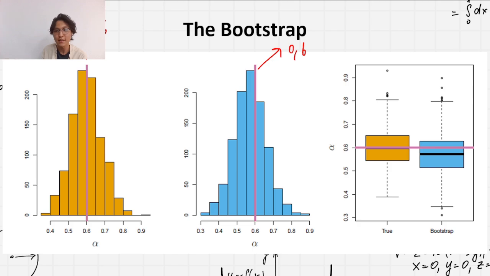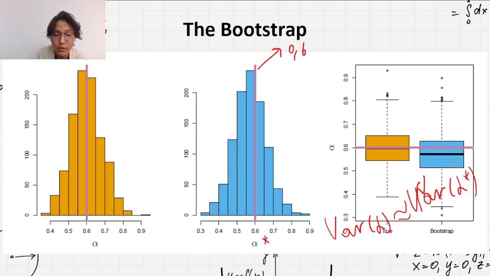And we mathematically see, when we run these 2 simulations, that the variance of alpha, let's say this alpha star, is almost the same. And we see here the performance is almost the same as when we have new data.